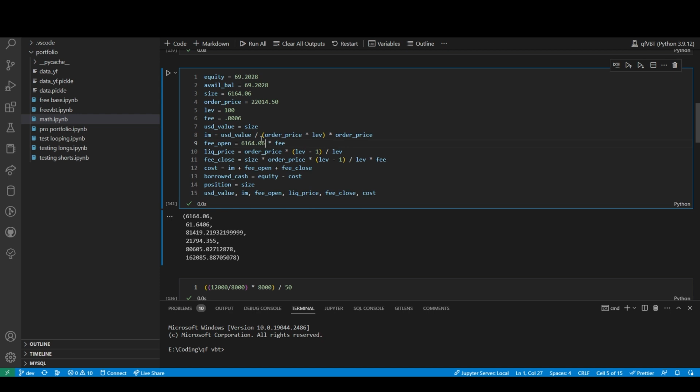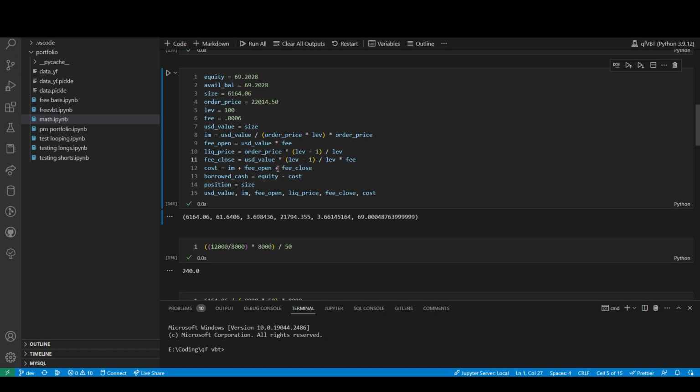USD value. Whoops. Why is this not? So we have our USD value, our initial margin, our fee to open, our liquidation price, which is not true.